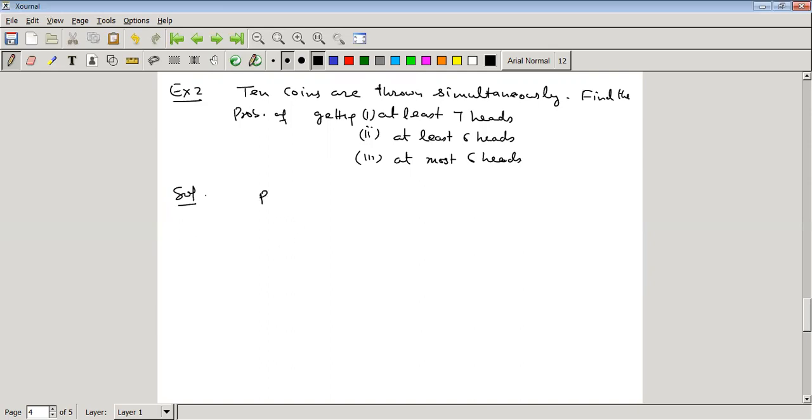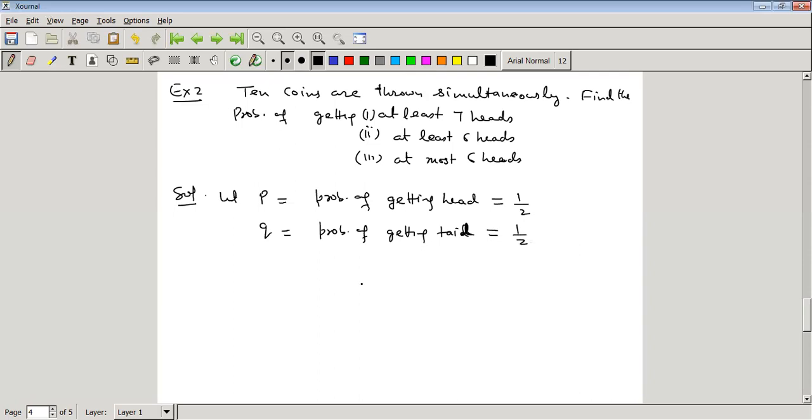Let p be the probability of getting a head while tossing 1 coin, that is 1 upon 2. q is the probability of not getting a head, which means getting a tail, that is again 1 upon 2. q equals 1 minus p.